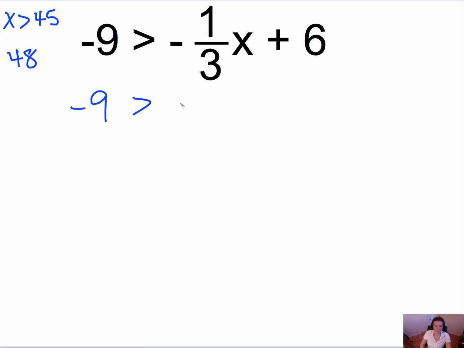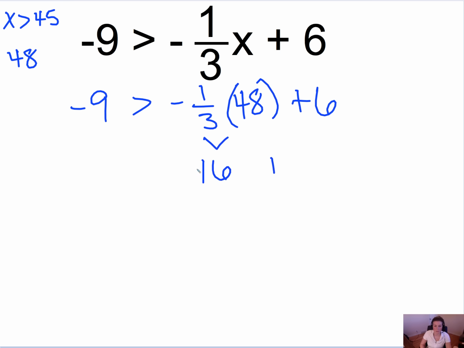But I'm keeping everything else the same, except in place of x, I'm plugging in 48. And I want to see if negative 9 is greater than this. So negative 1/3 times 48 is negative 16. And then plus 6 would be negative 10. Negative 9 is greater than negative 10, so it's correct.